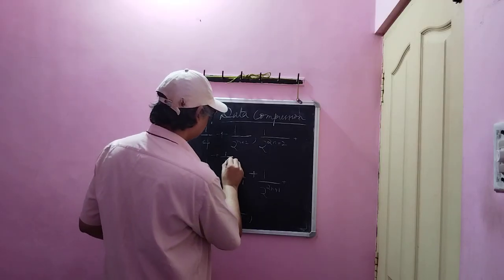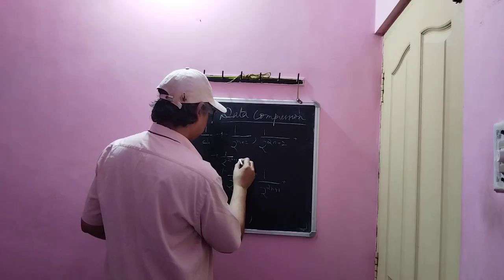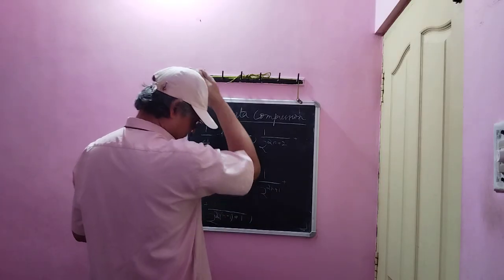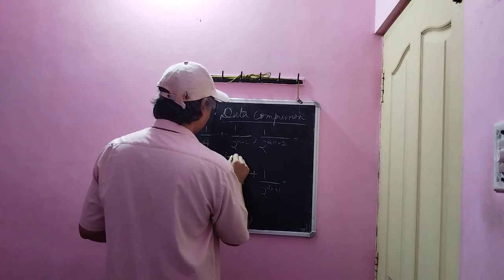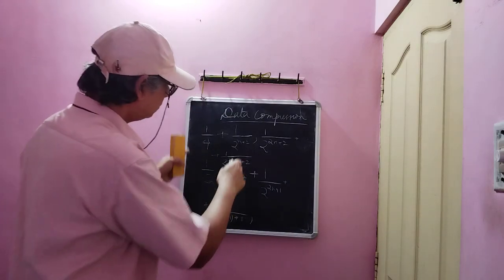Then 2 into n minus 1 plus 2 and so on. So this is how we do it.